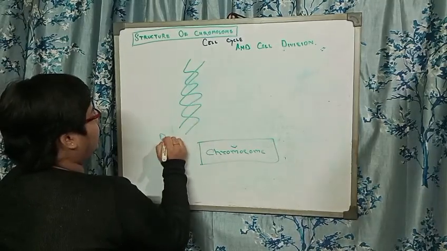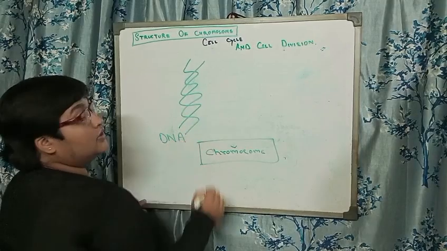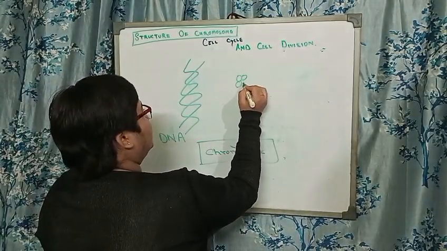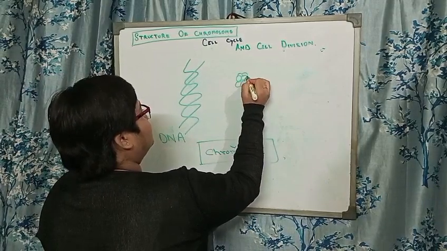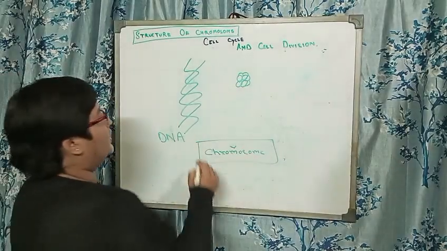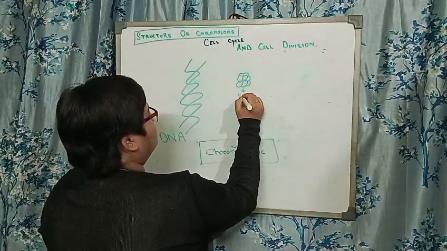This is DNA, and the protein histone stays in octamer condition, that is in a group of 8.